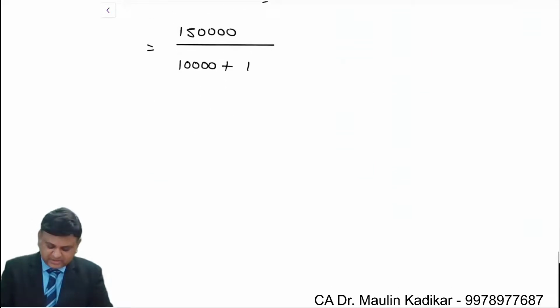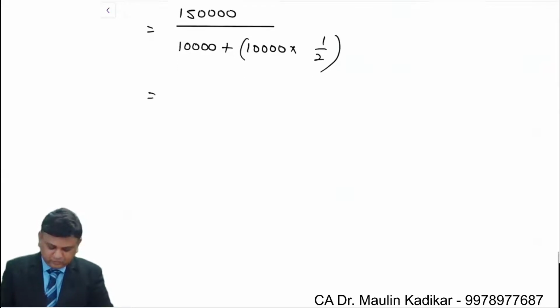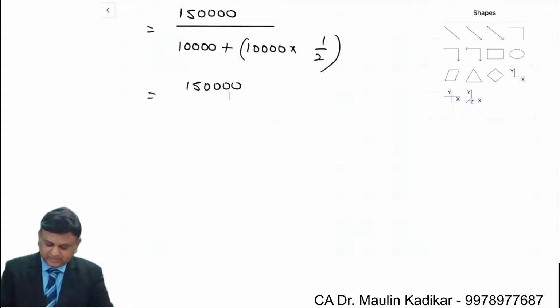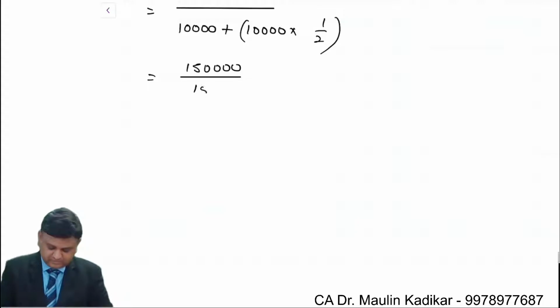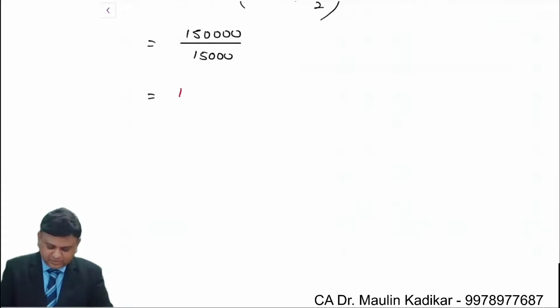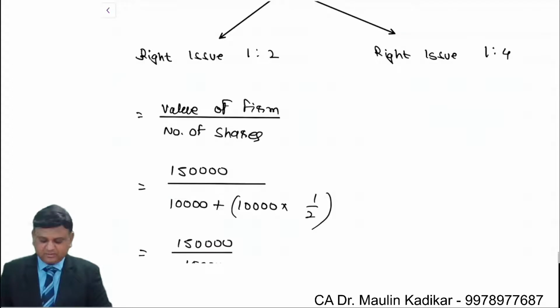So it is 10,000 into 1 divided by 2. So it is 1,50,000 divided by 15,000 number of shares. And the answer would be 10 rupees per share. This is what we understand.